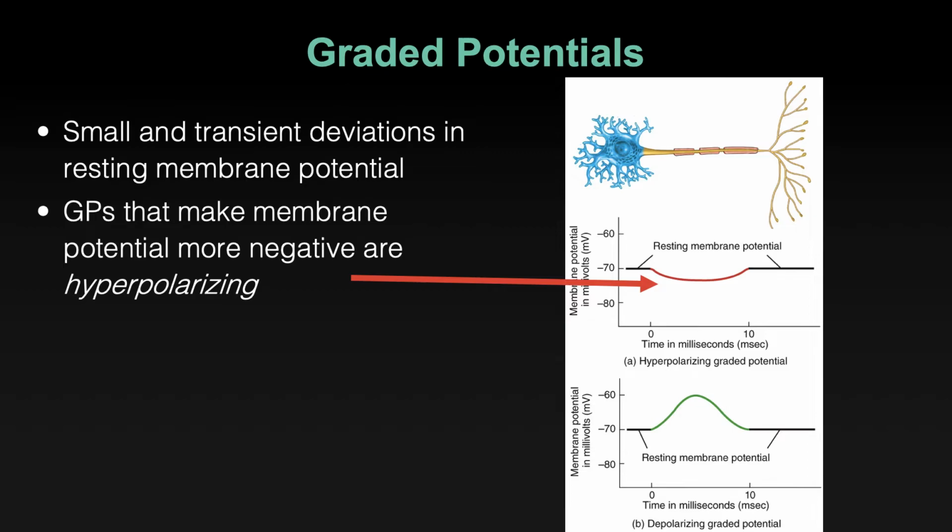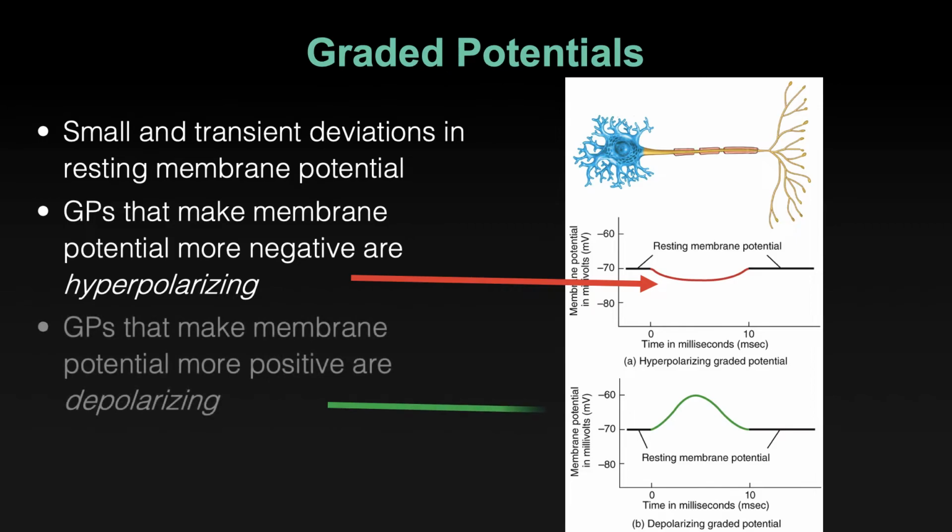Some of the signals that arrive won't target potassium channels. Instead, they'll target sodium channels. And if you open a sodium channel, sodium rushes in. Remember, there's lots outside and very little inside. It will rush in, bringing positive charge into the cell with it, and the membrane potential will go up a little bit. This is a depolarizing graded potential.